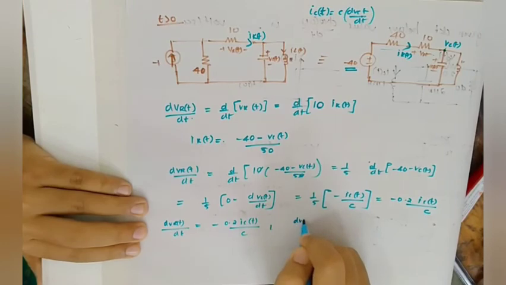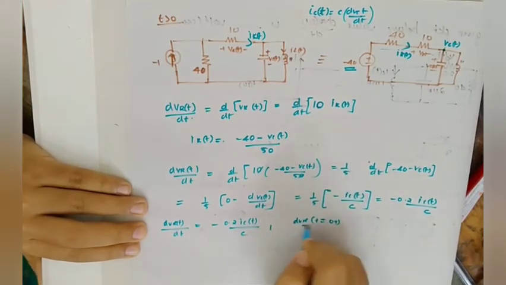We have to find out dVR of t at t equal to 0 plus.